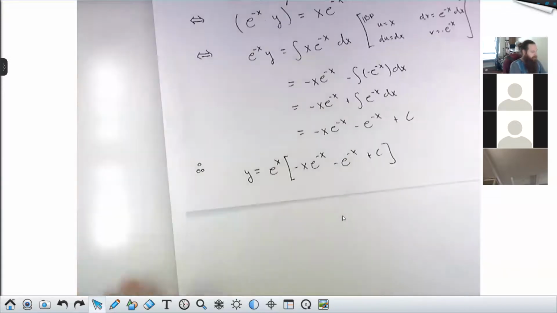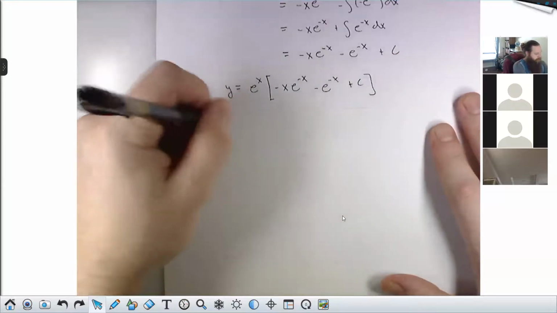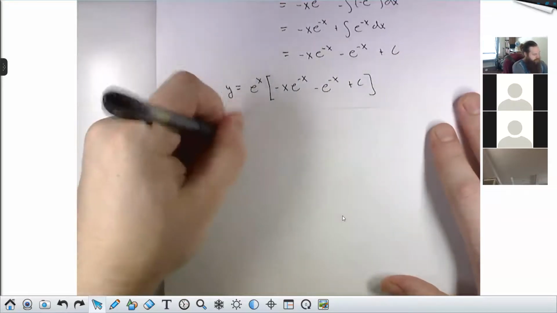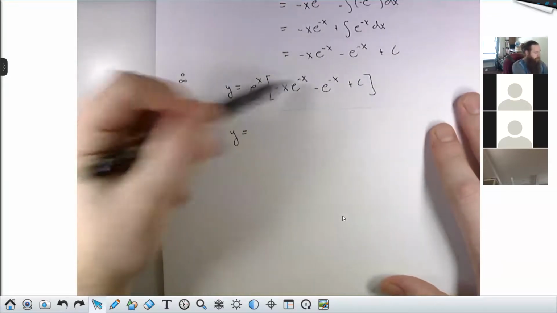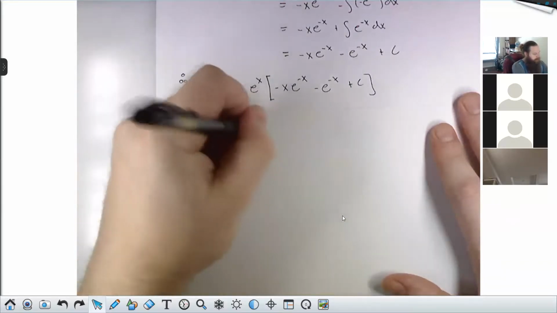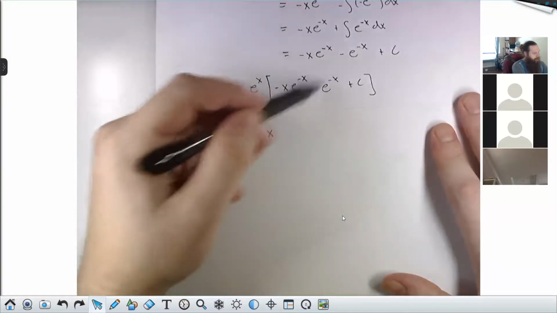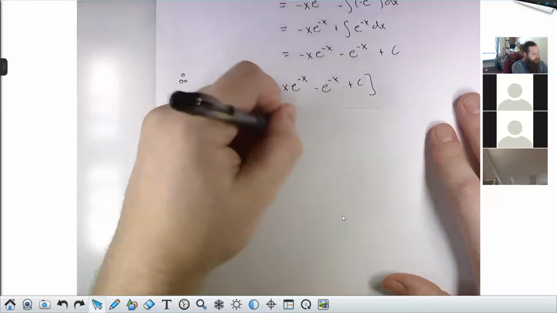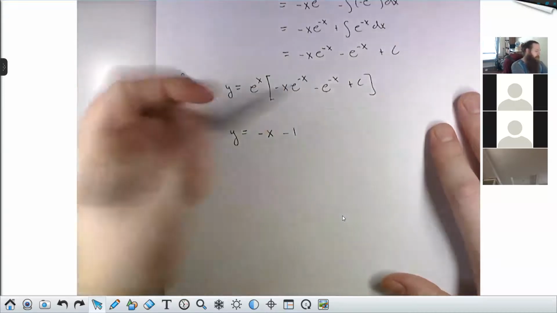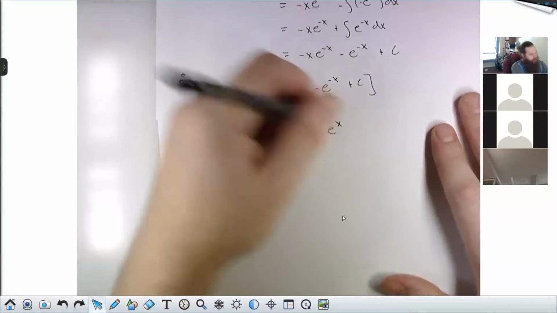So if I distribute here, negative x e to the negative x times e to the x, that's just negative x. E to the x times negative e to the negative x is just minus 1. And then c times e to the x is plus c e to the x.